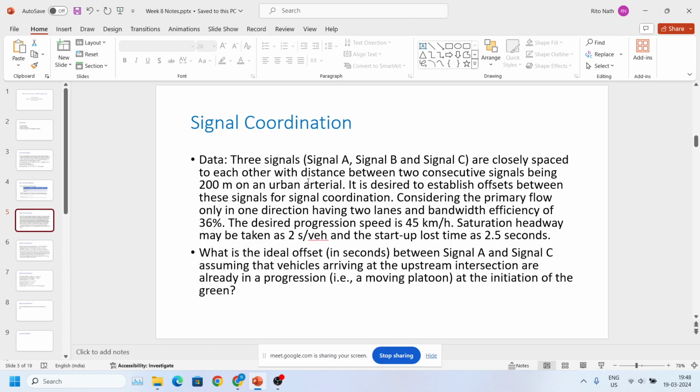So it's basically finding that bandwidth capacity, the C BW term, and I think it requires, let's see, cycle length is not needed, saturation headway is needed.